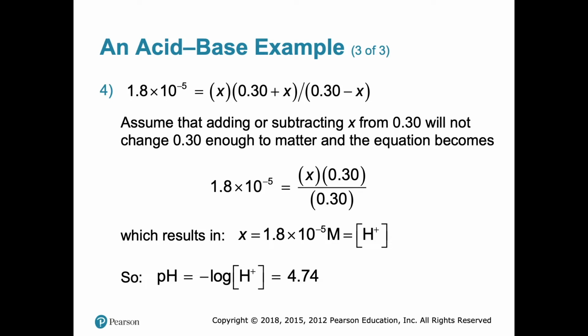So in this particular example, those numbers did cancel out because the 0.3 was the same for both the starting acetic acid and the acetate ion, but it could be different next time, and they won't just cancel out.